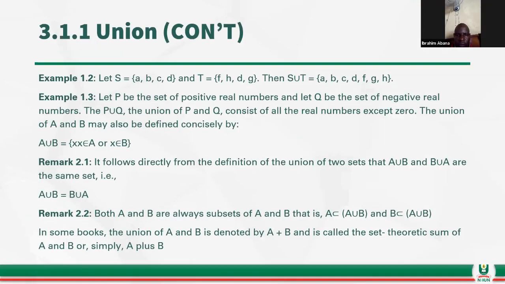Are you there? A union B may also be defined, and you can also define A union B as, open the bracket, X such that X is an element of A, or X is an element of B, bracket closes.